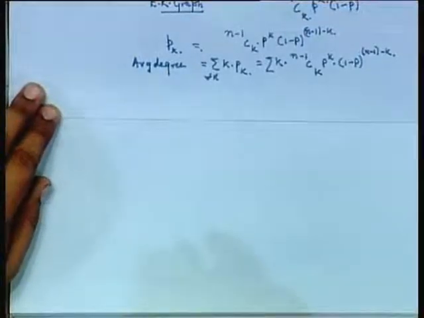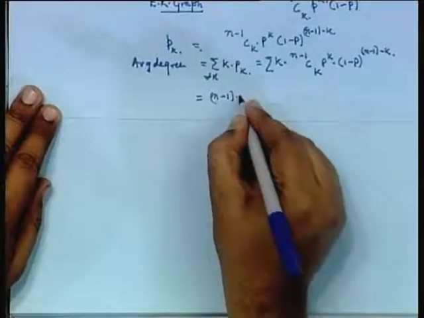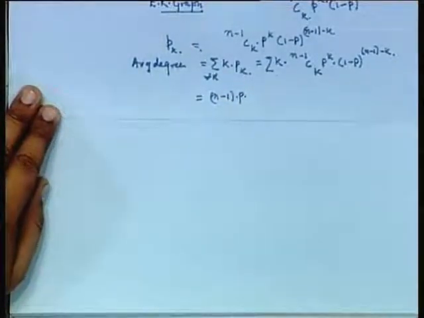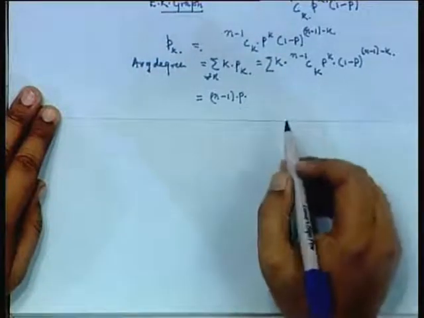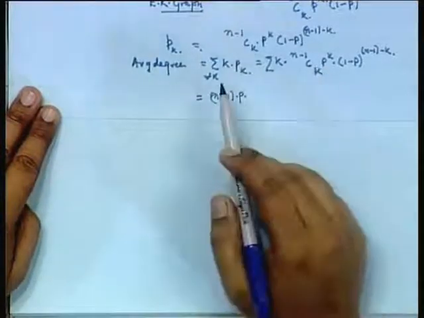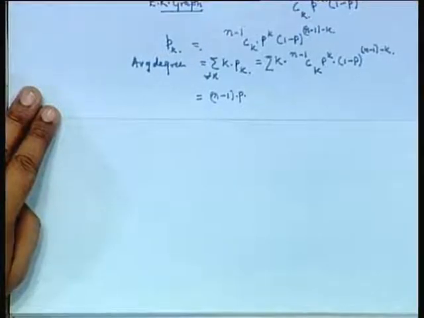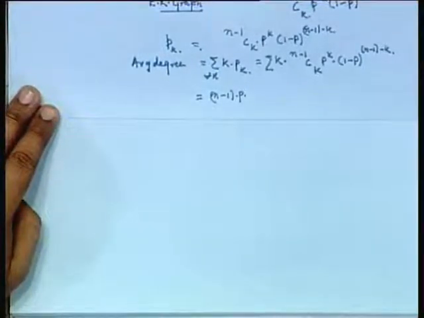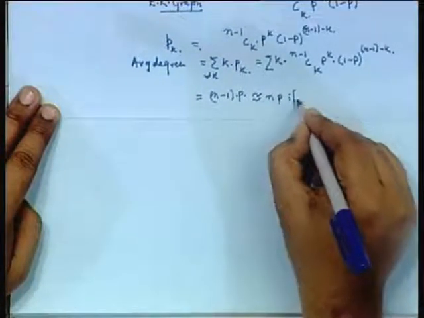And this can be shown to be equal to (n minus 1) times p. You can take out an n minus 1, and the rest of the things will follow. Clear? So, that is equal to n p if n is large.